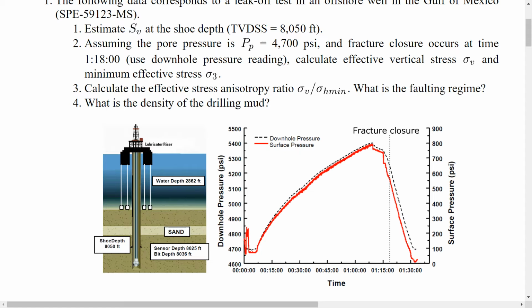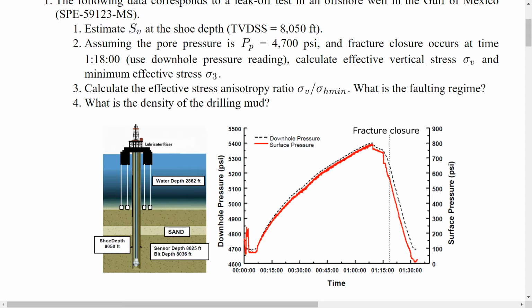Anyone has already the answer? 6,447 psi. Everyone agrees with that? Okay. So now that we have that data, let's see this example, and just look at the downhole pressure.